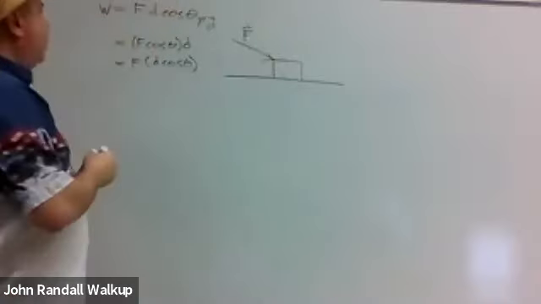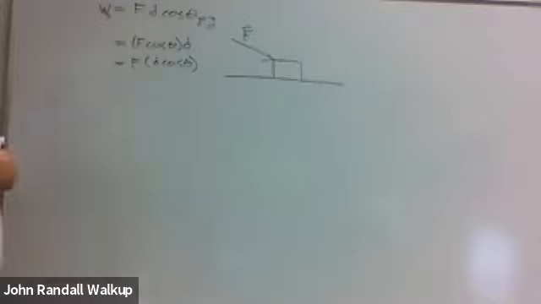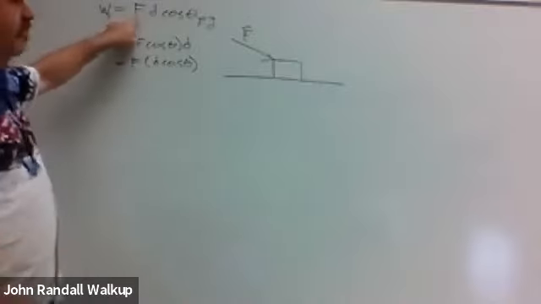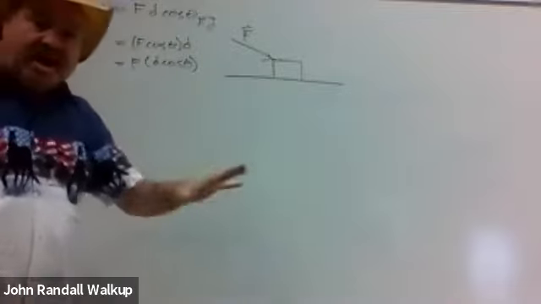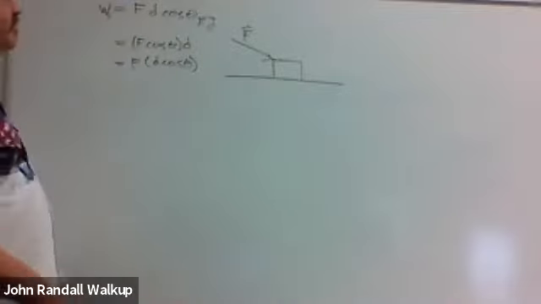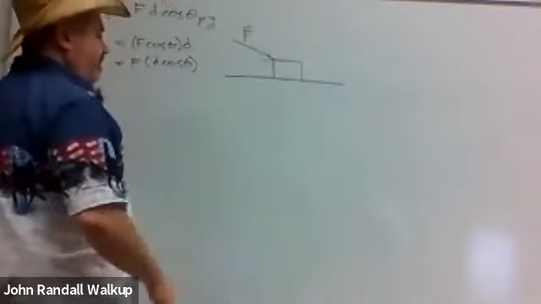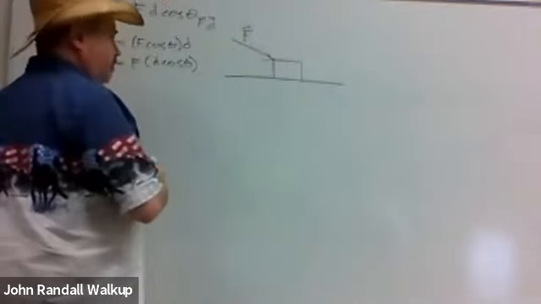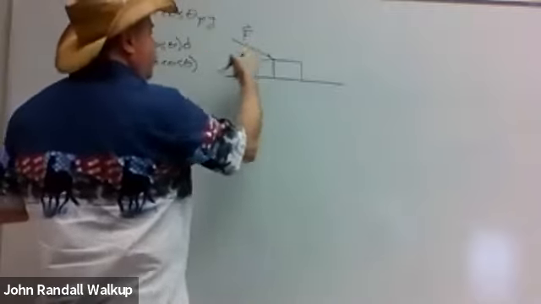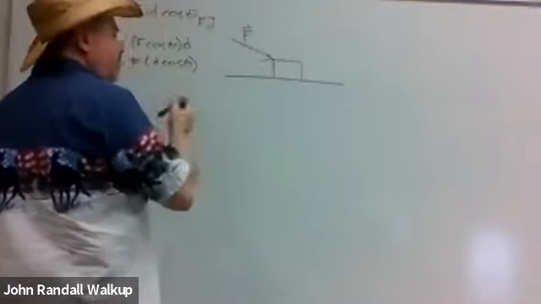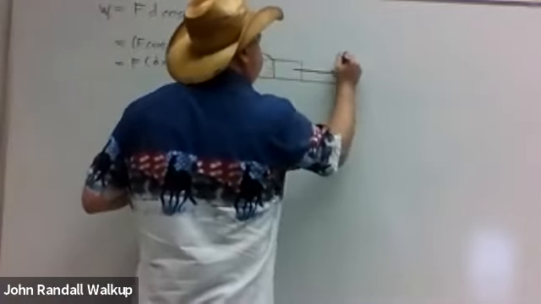Now keep in mind, the work is done by a force, and this could be any force. It could be the force of gravity, it could be the normal force, it could be a force that you apply to an object, okay? And we're just going to talk about this one as just some force being applied to the object. Well, I can break this into two components. Let's suppose that the block slides in this direction.